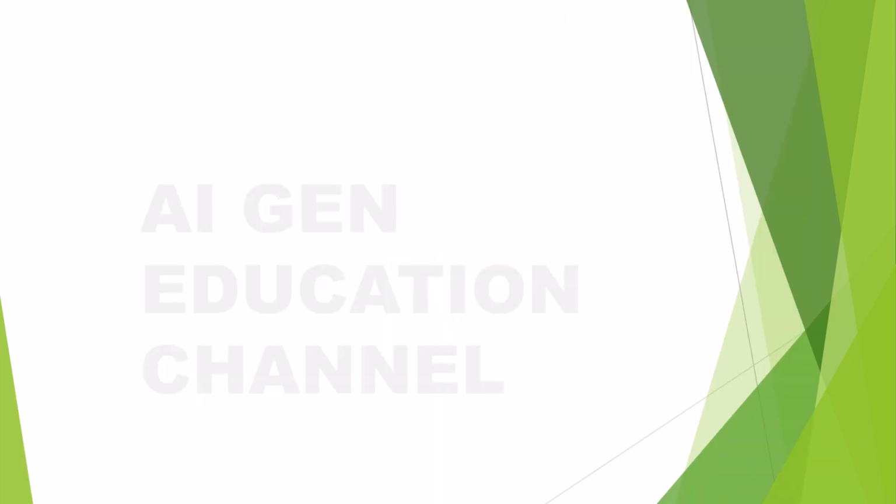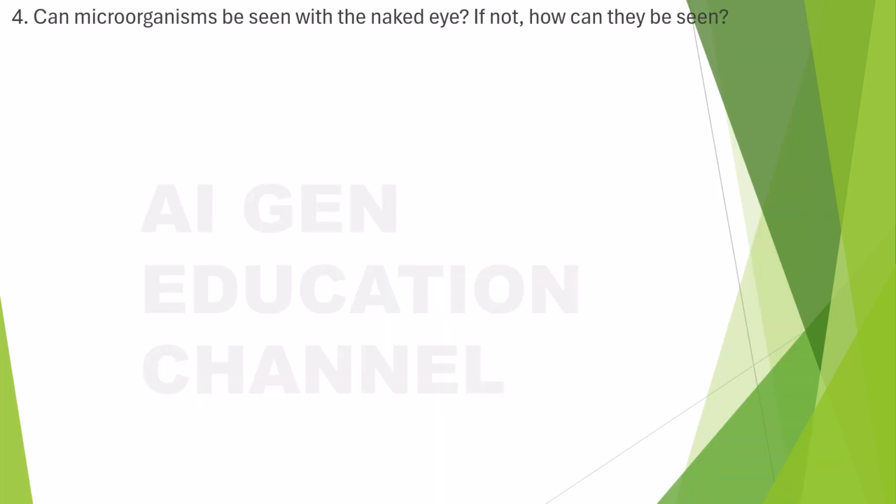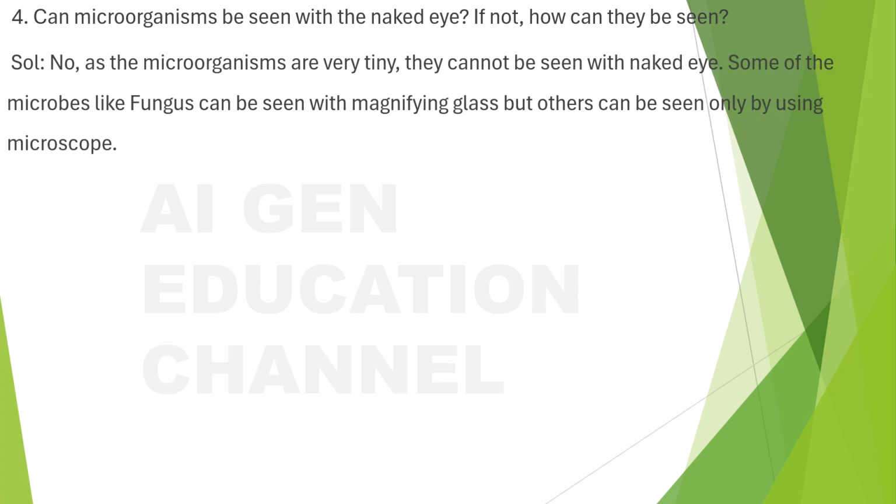Alright, now we shall look into question and answers, right? So what is the first question? Can microorganisms be seen with the naked eye? If not, how can they be seen? No, as the microorganisms are very tiny, they cannot be seen with naked eye.